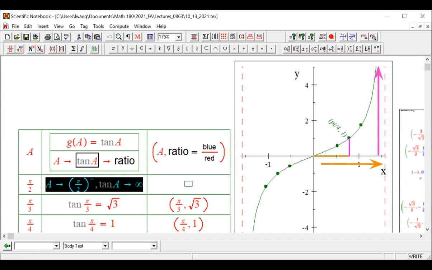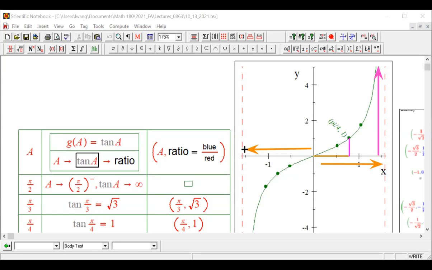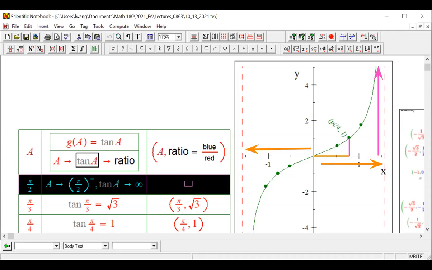So now let's look at the other direction. As the angle approaches negative pi over 2 from larger than negative pi over 2, because here this is negative pi over 2, the arrow direction is going closer and closer to negative pi over 2, but larger than negative pi over 2. So how do we describe that? I'm going to put this just temporarily to be here.